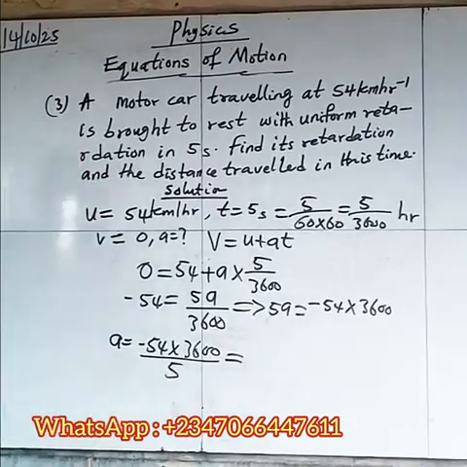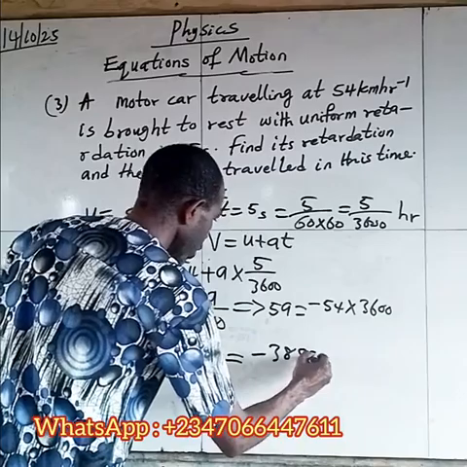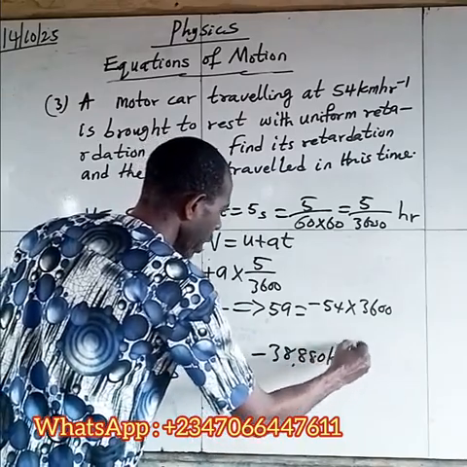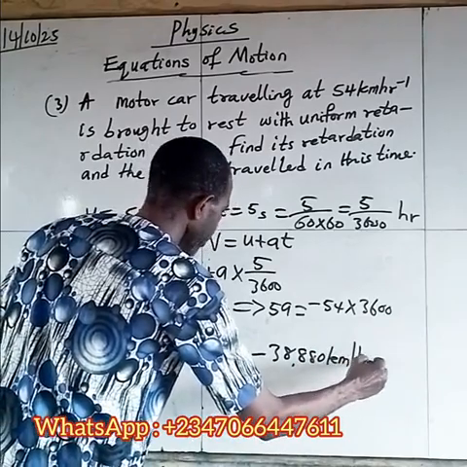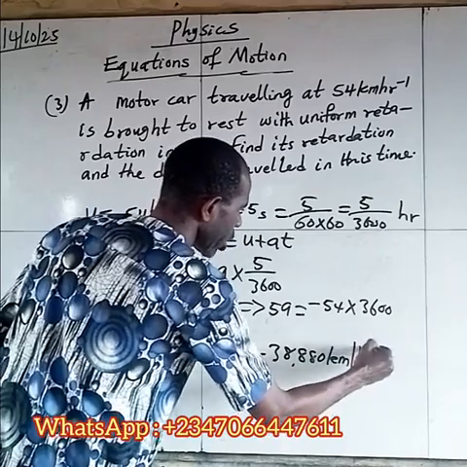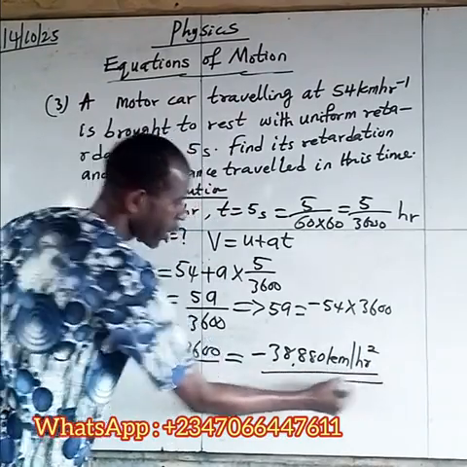Let us get our calculator and finish it. That gives minus 38,880 kilometers per hour squared. It will be per hour squared. So this one is the deceleration.